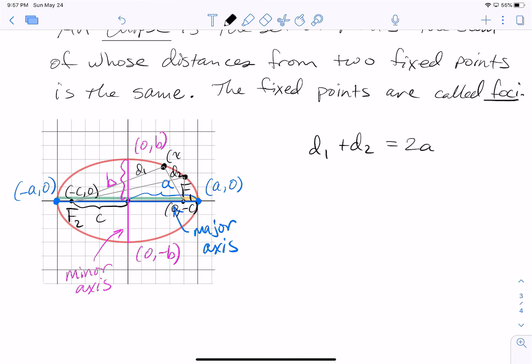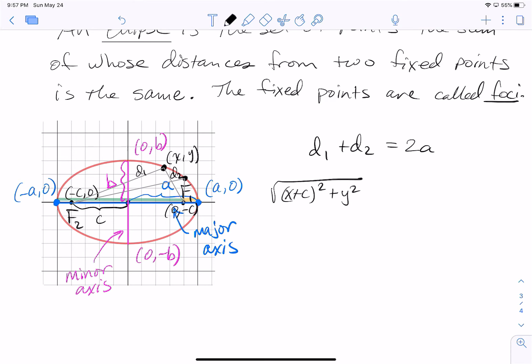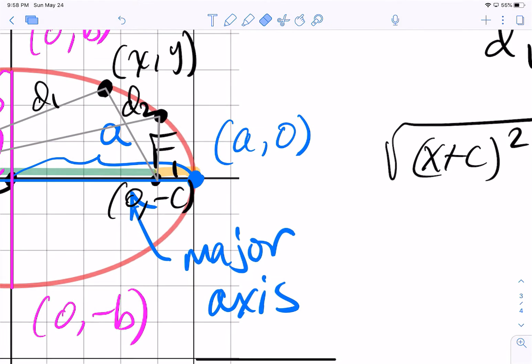Now, if we label (x, y) as the point on the ellipse where we traveled, then we can represent the two distances d1 and d2 using the formulas for the distance between two points. d1 is going to be the square root of (x minus negative c) quantity squared, so (x plus c) squared, plus (y minus 0) quantity squared, so y squared. d2 is going to be x minus, well, now I've mislabeled my focus down here, so I got to fix that.